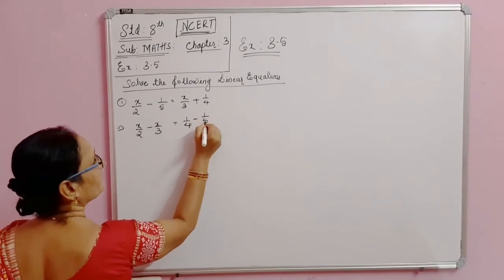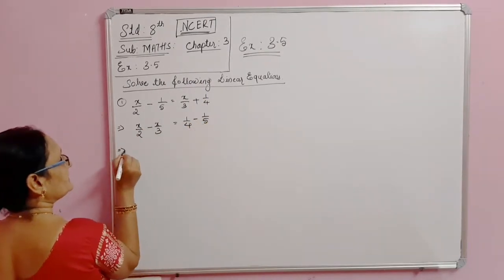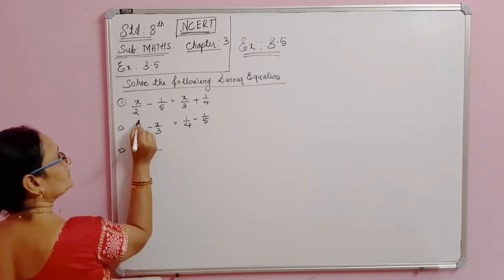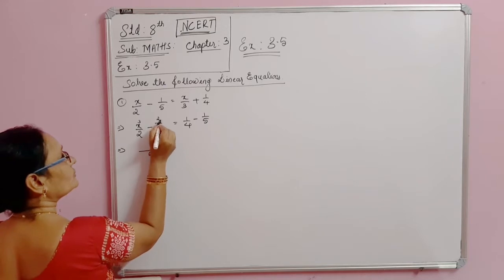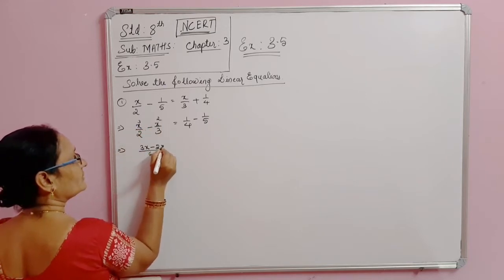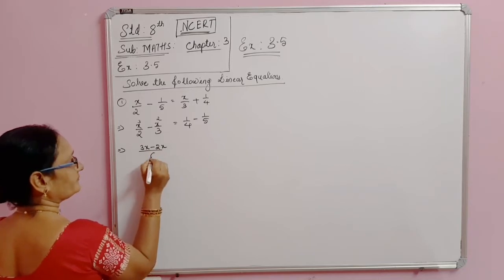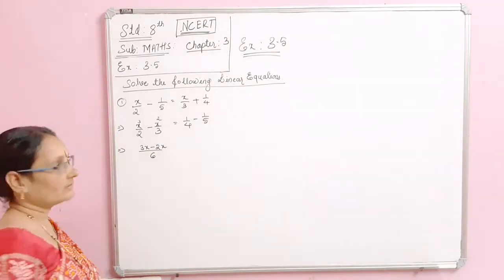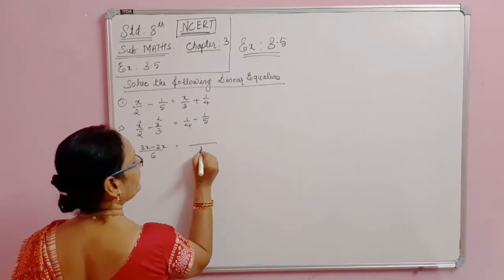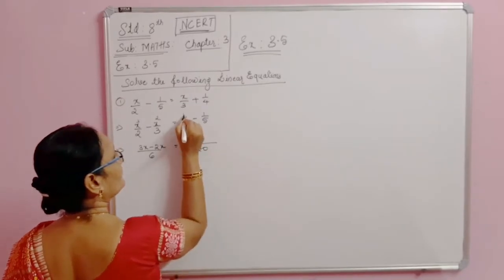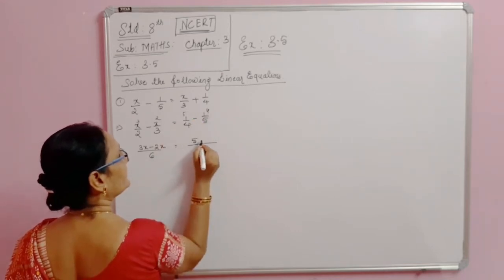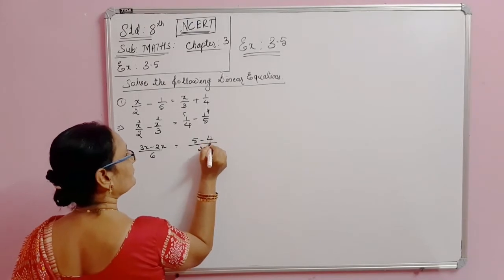Now see here, LCM of 2 and 3 is 6. 2 3s are 6, 3x minus 2x, is equal to, here LCM of 4 and 5 is 20. 4 5s are 20, 5 minus 4.